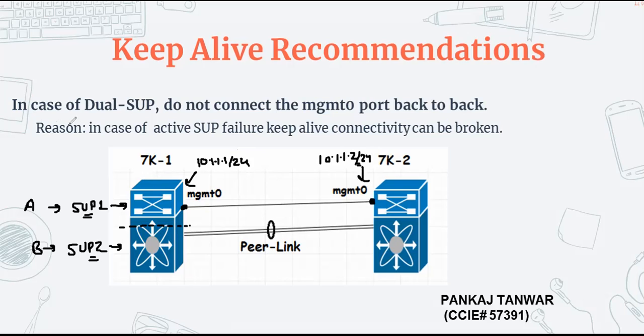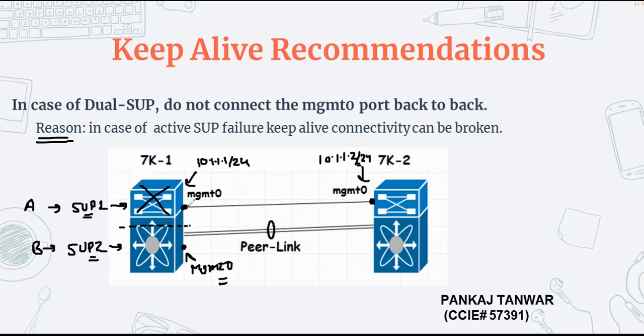So you can see why it is recommended not to use management zero back-to-back connectivity in case of dual SUP, because in case of active SUP failure, the keep alive connectivity can be broken. Let's say your active SUP is down or it has failed. On your backup SUP we also have the management port, right? Here also we have the management 0 port.